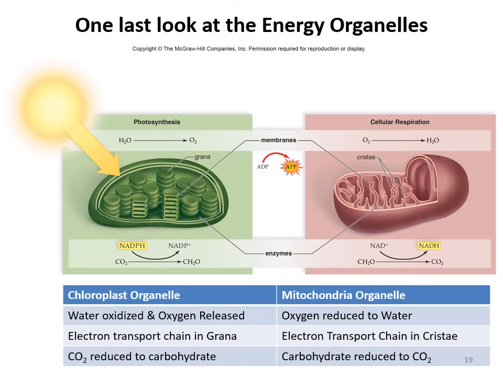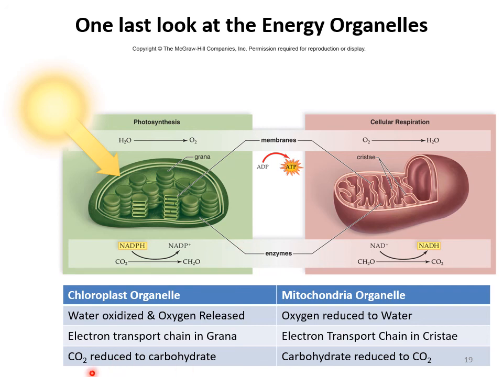And before we wrap up, I just want you to get one last look at the energy organelles, because in this current lesson, we focused on cellular respiration occurring in the mitochondria. But in the next chapter, we're going to focus on photosynthesis, and that occurring in the chloroplast organelle. And each of these processes are opposite of each other. Okay, so you may notice kind of differences between them.